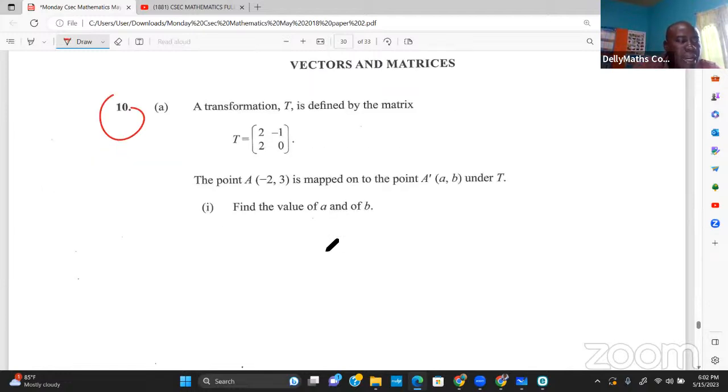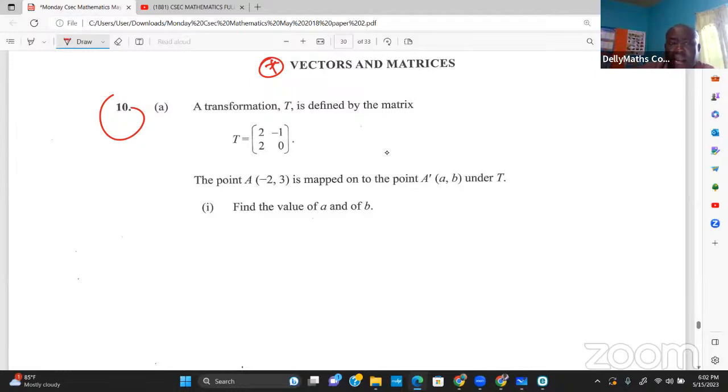So today I'm going to look at vectors and matrices first, then I go trigonometry, geometry, and so on. This is a number 10 question, and all number 10 questions are titled vectors and matrices. So let's go.